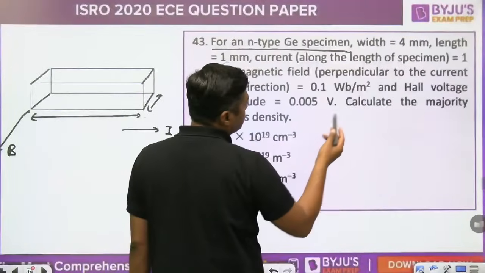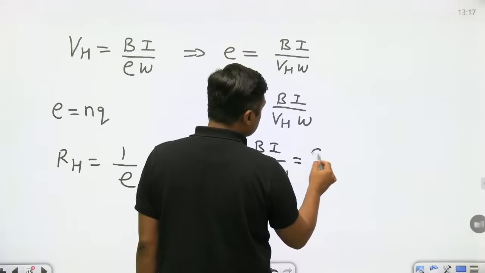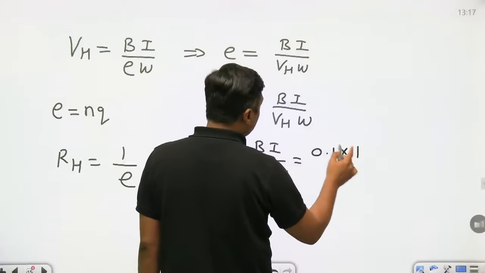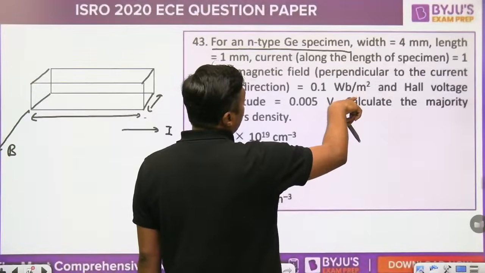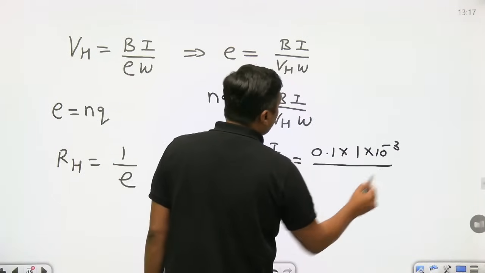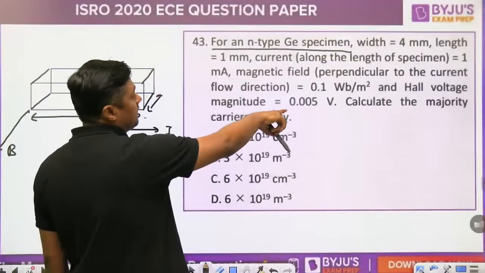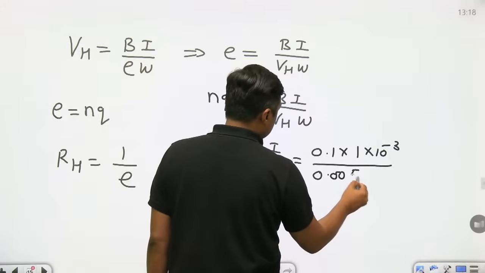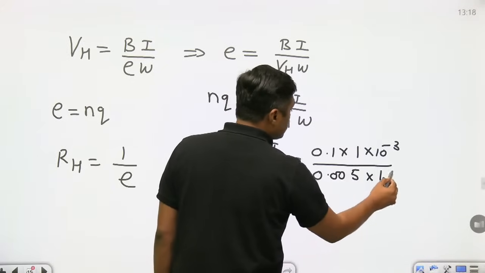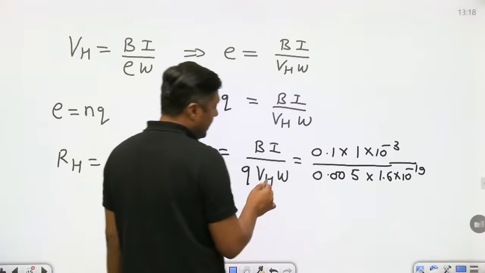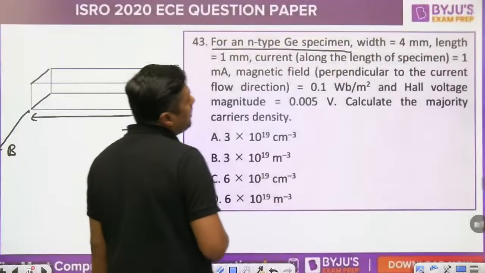Put the value here: 0.1, 1 milliampere, but be careful about the unit, milliampere into 10 raised to power minus 3, upon VH, which is 0.005, and Q is 1.6 into 10 raised to power minus 19. And W is given as 4 mm.